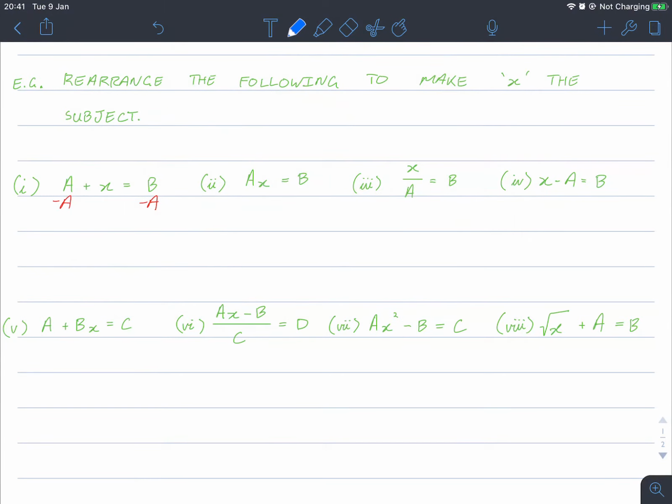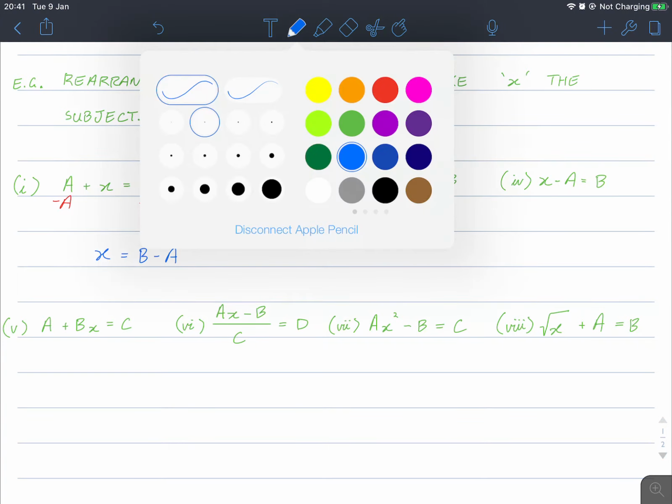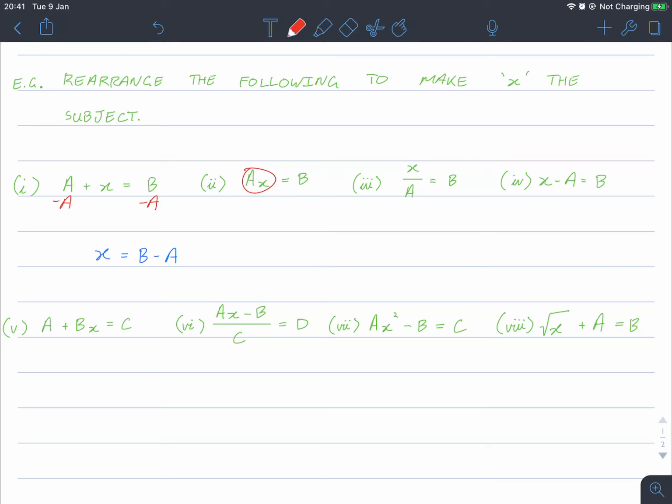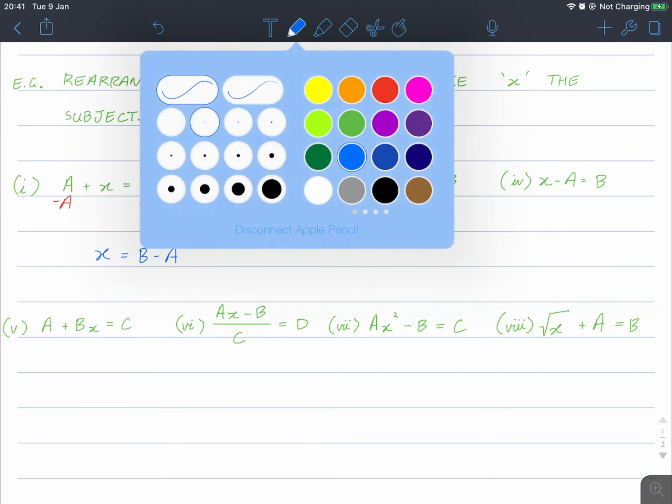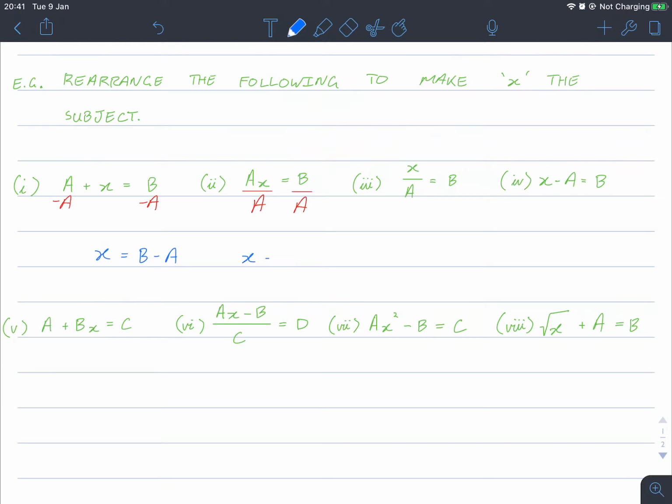This will leave us with X by itself equaling B minus A; they can't combine, so it just stays as B minus A. Another example here, we have AX, that's A times X. To remove this A, we would divide by A. That would cancel both A's, leaving us with X equals B on A.